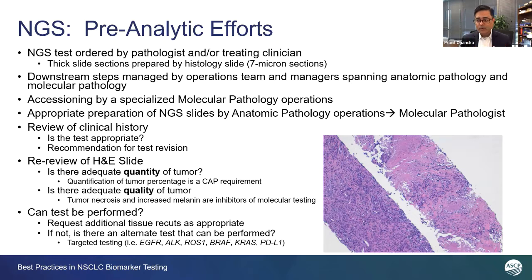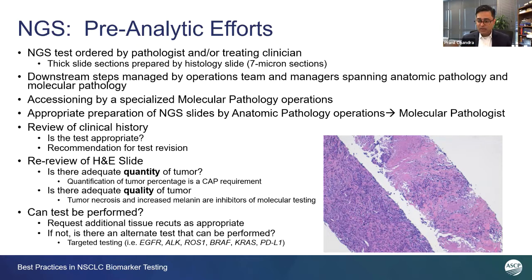And so when the test is ordered, the appropriate slides are prepared. The sample is accessioned by our accessioning team, and the slides are prepared by the anatomic pathology division and then handed off to the molecular pathology team that then proceeds to review the case, the clinical history.